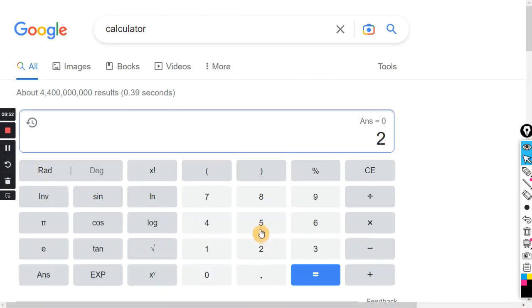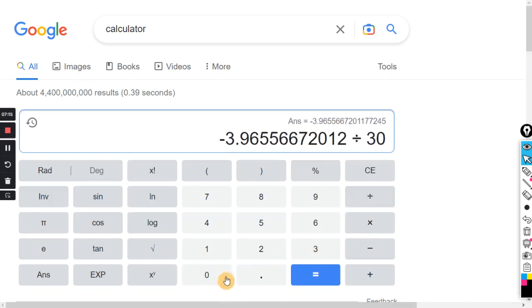Okay, we had 25 times sine of 41, close parentheses, divided by, well, I'll do the divided by in a minute. Okay, 25 times sine of 41, hit equals, divided by 30.